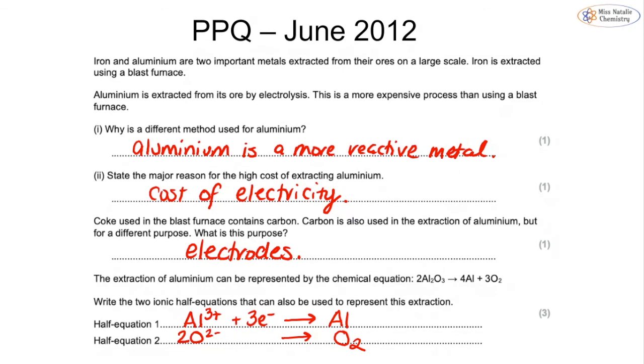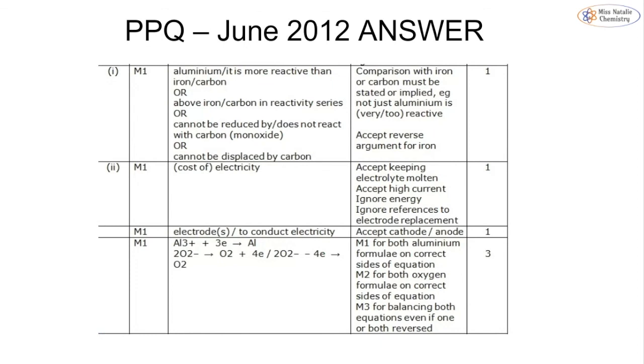And this time I'm losing electrons, so my electrons have to be on the right-hand side. And I'm losing 2 electrons for every 1 ion I have. So that must mean I'm losing 4 electrons in total. And there you can check your answer if you've been practicing those questions yourself as well.